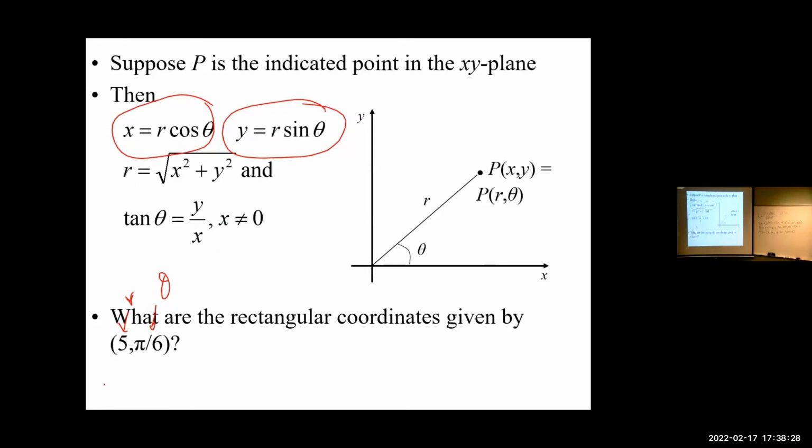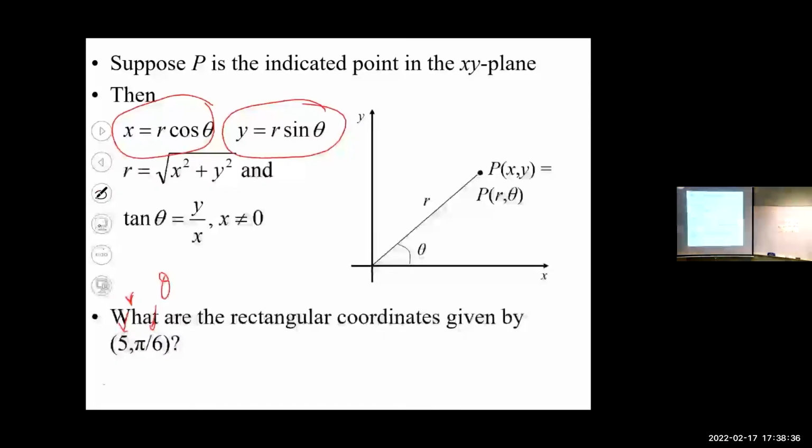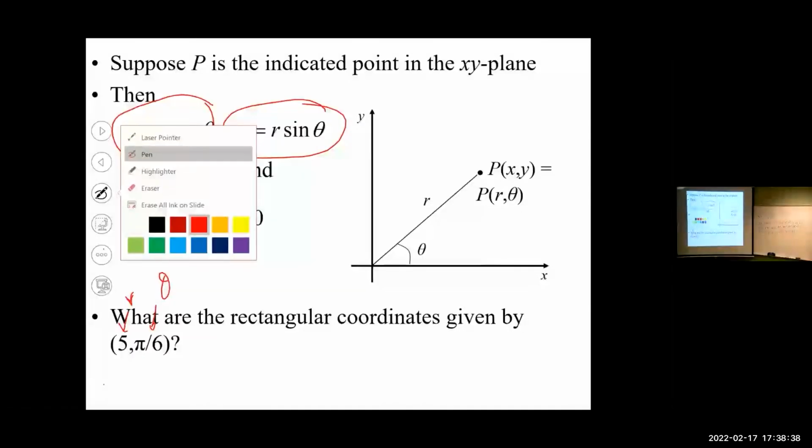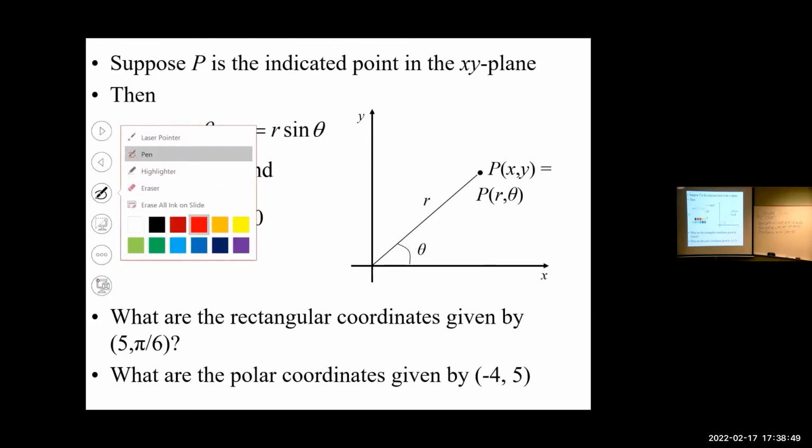Now, where we have to start to think a little bit more is going the opposite direction. So what if we had the rectangular coordinates given by -4, 5? There's just one thing I want to make sure I point out, and that's why we're going to do this one.